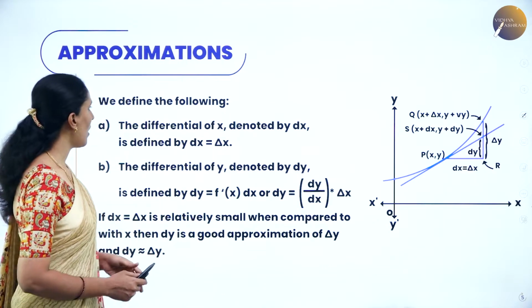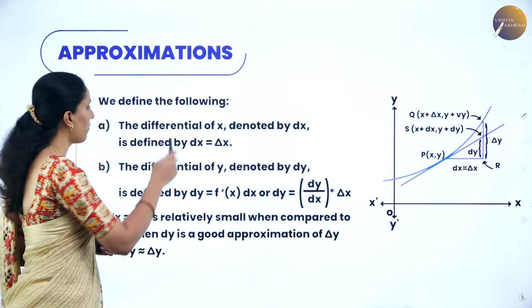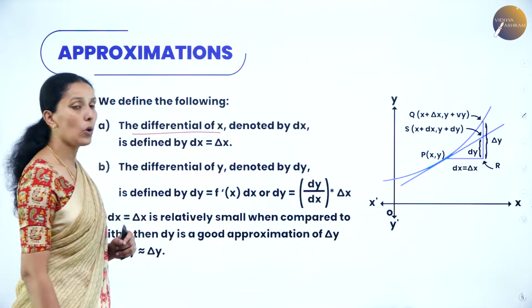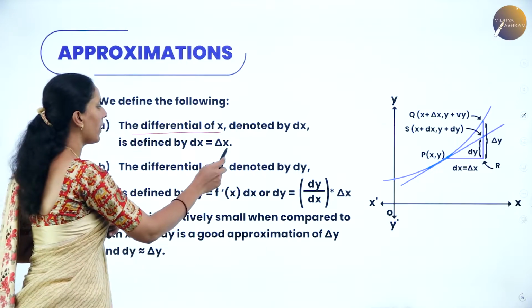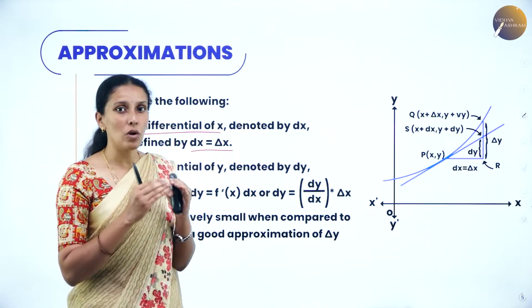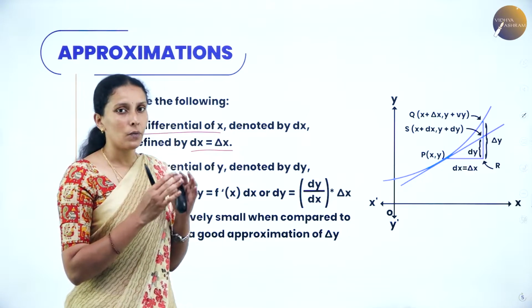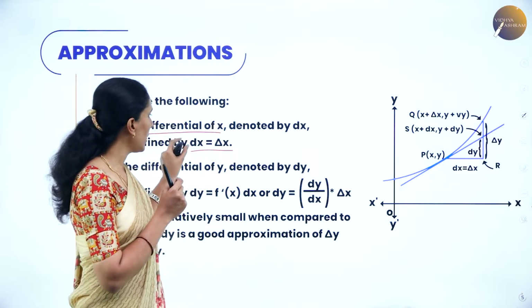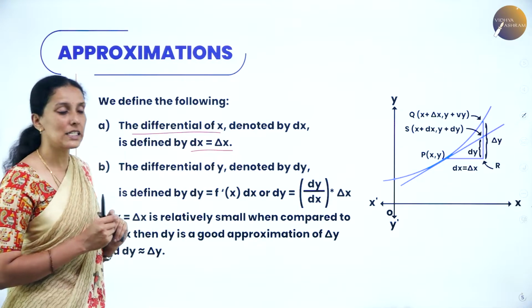Now, we define the following. The differential of x, denoted by dx, is defined by dx is equal to delta x. So here we take dx as almost exactly equal to delta x, the small increment. It is almost equal to the differential of x, that is dx.